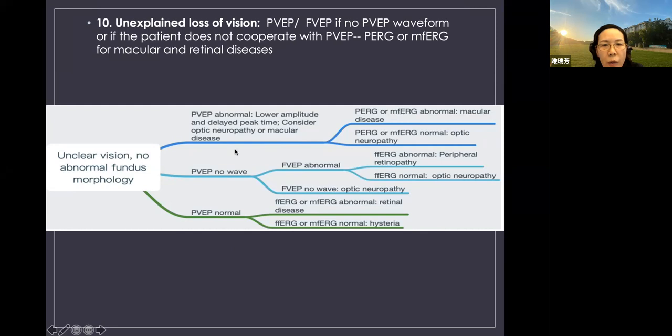For example, we first do pattern VEP. If the pattern VEP is normal, we go into details with multifocal ERG and or full-field ERG. If those are normal, it may be that they do not have a real disease and may have a functional visual loss. We can follow the different arms, but I will not go into details.